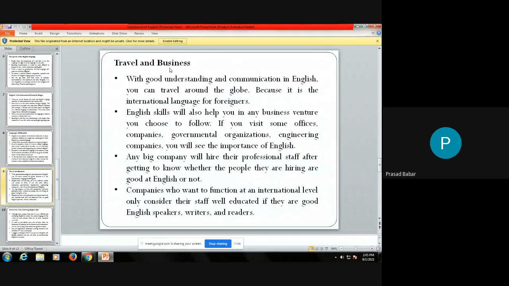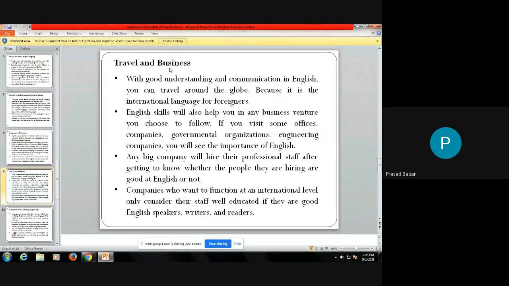Many big companies will hire their professional staff only after knowing that the employee they want to keep in their company is good in English communication.